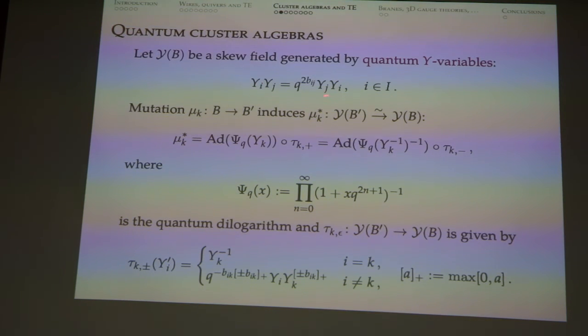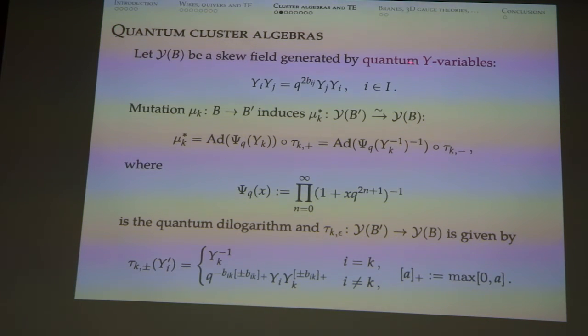Now, an important point is that given a mutation mu_k, applied at vertex k of a quiver B, which transforms the quiver B to B prime, this mutation actually induces an isomorphism of this curly Y_B, which is a skew field.